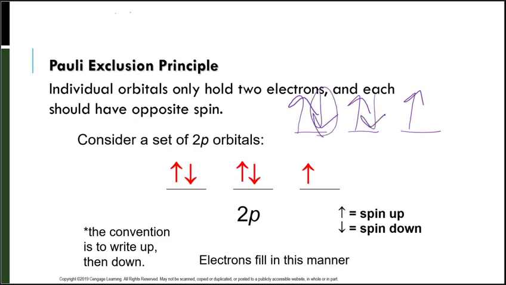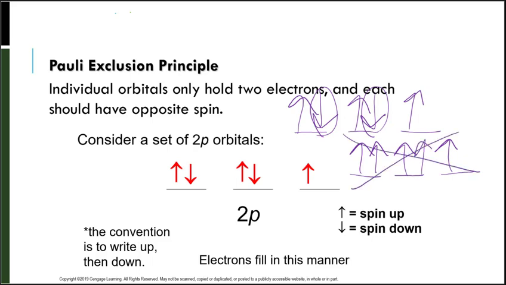So these two, when I put them in, they need to have opposite spin. I would not go 1, 2, 3, 4, 5. No, that would not work. If there are 2 electrons in the same orbital, they have to be opposite spins. And the conventional way to write it is to write up first, and then when you go back, you do down. So up first, then down.